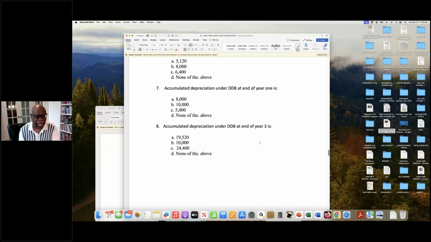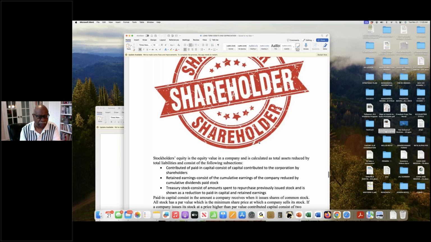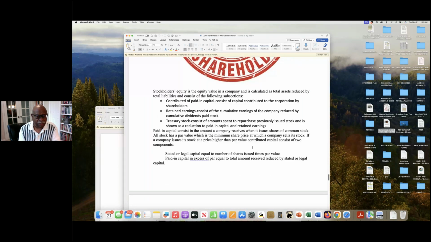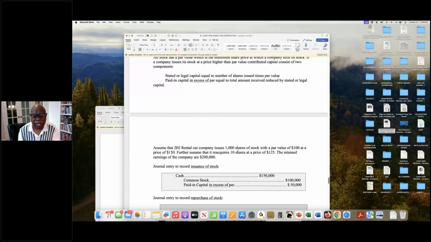What I told you is that shares of stock have a value. There's a dollar amount on those, and I told you to look at a situation where that amount was $100, the par value for the stock.